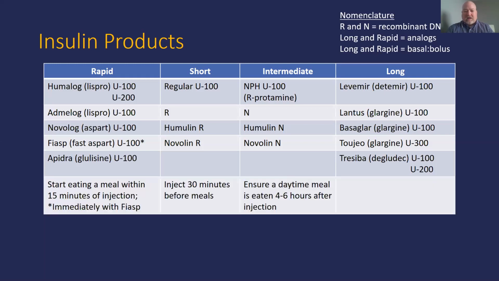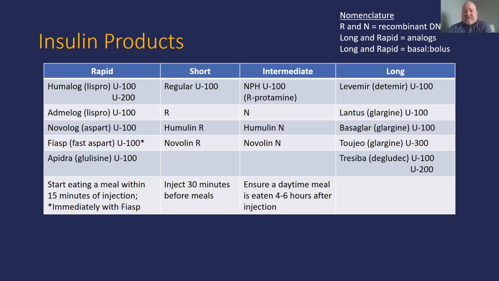All right, next up, let's look at how you have to take these products with food. What's the timing relationship? I want to look at this first from the traditional standpoint of what everyone's been used to over the years. So let's start off with regular insulin. Our short product, regular acting insulin, you're supposed to inject this 30 minutes before meals. Technically, the label will say 30 to 60 minutes before meals, but most everyone tends to say 30 minutes.